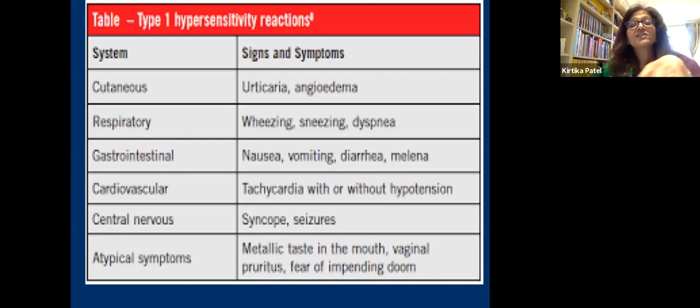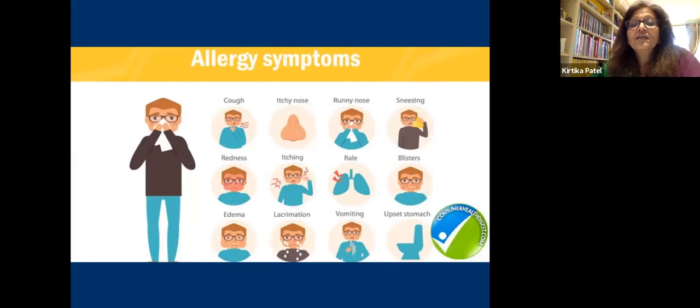So type 1 reactions can occur anywhere in the body. The symptoms are itchiness, wheeziness. You can have blisters, like we just saw somebody getting allergic to Nile perch. You can have an upset stomach, vomiting, edema.